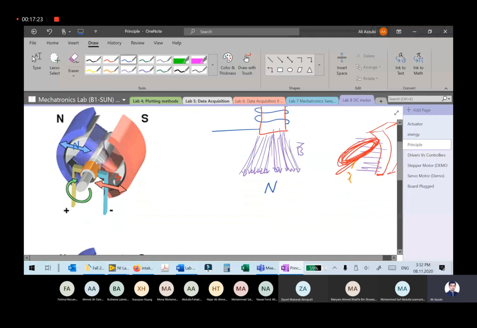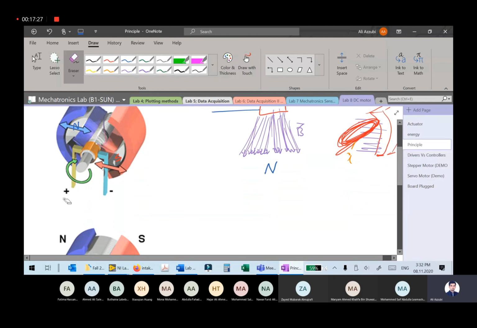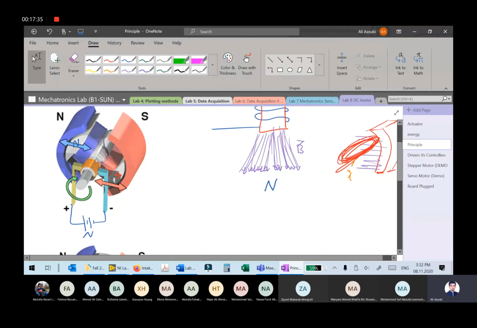Now here I have two conductors. Okay, this is plus, this is minus. Now I'm imagining that I'm connecting this to a battery or a current source like this, through my voltage. Now when the current flows into these conductors, it's delivered to these coils, and you can see here that the coils are connected together.